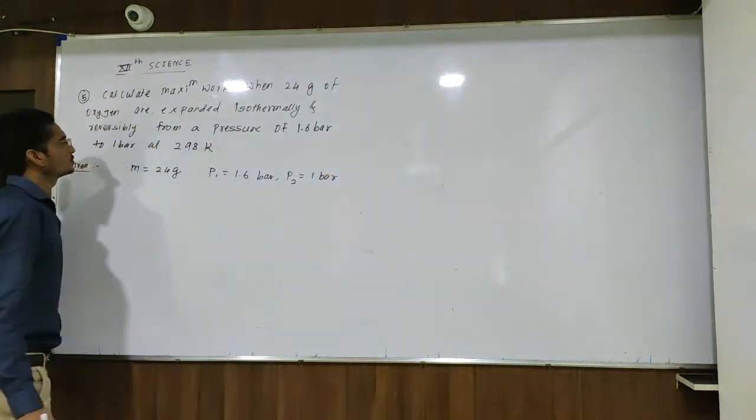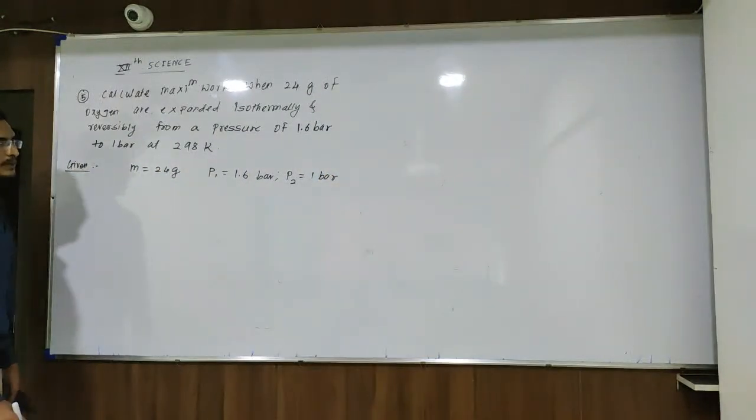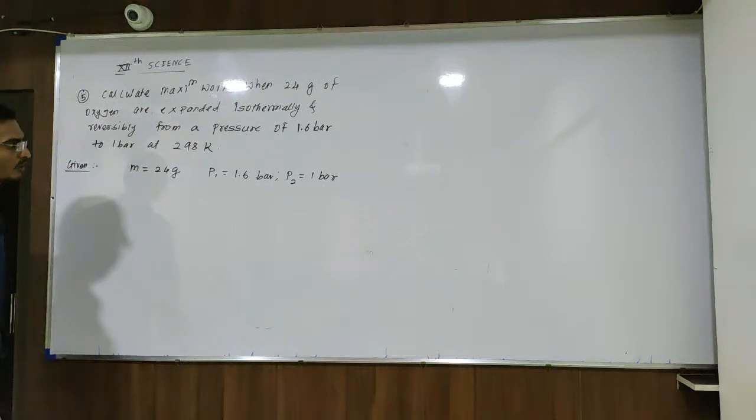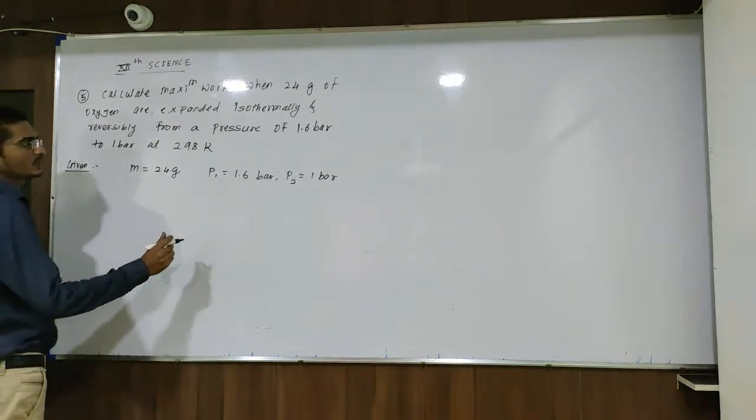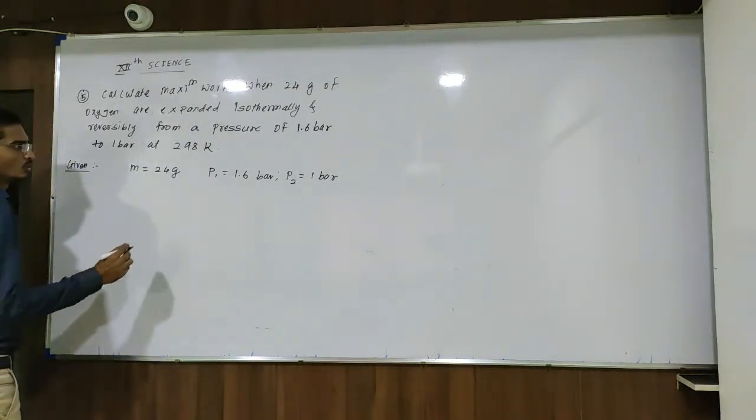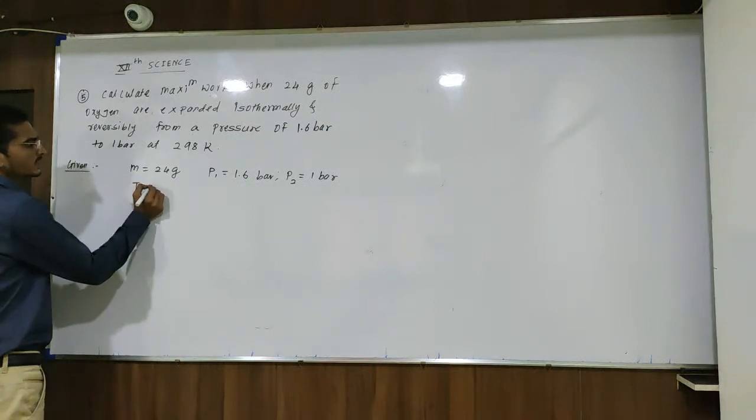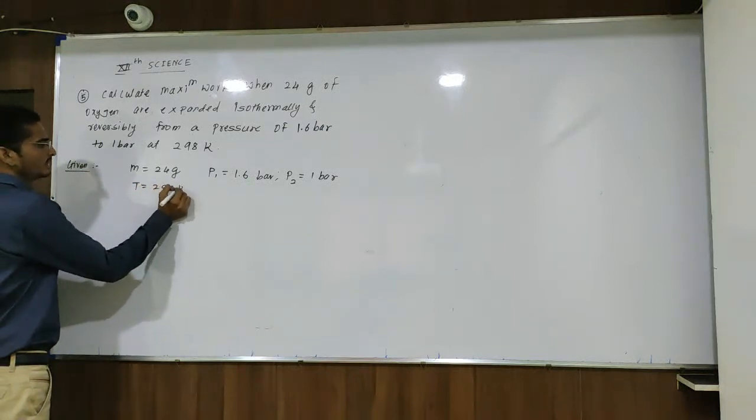So the pressure changes from P1 to P2. Initially the pressure is high, 1.6 bar, and finally the pressure is 1 bar, that is low. And the temperature is 298 Kelvin.